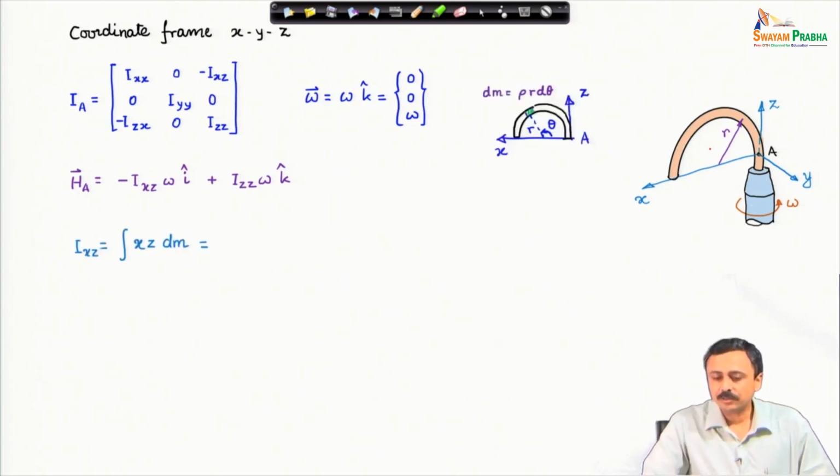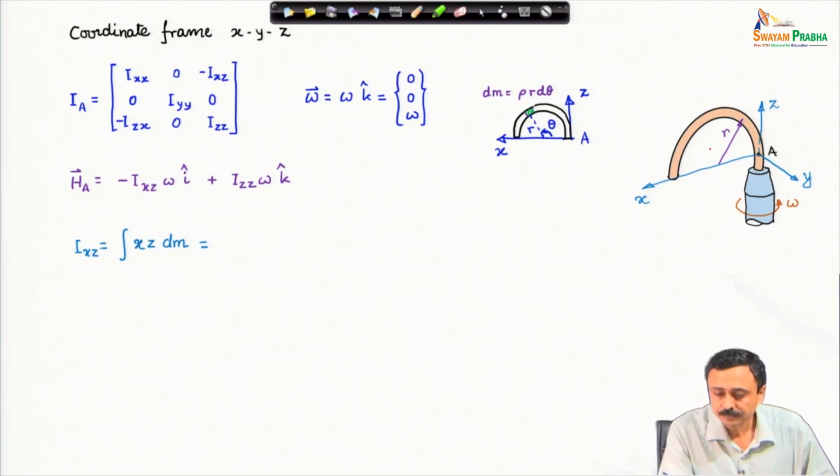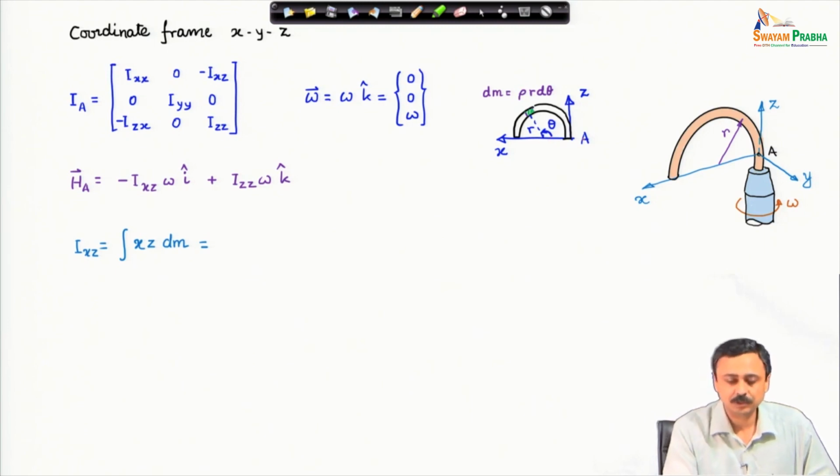Here I have drawn the semicircular part of this rod. A is at the origin, the z axis is vertically upwards, and the x axis is to the left. I consider a little element of this rod, shaded in green, at an angle theta measured from the horizontal. You should note how theta is being measured.